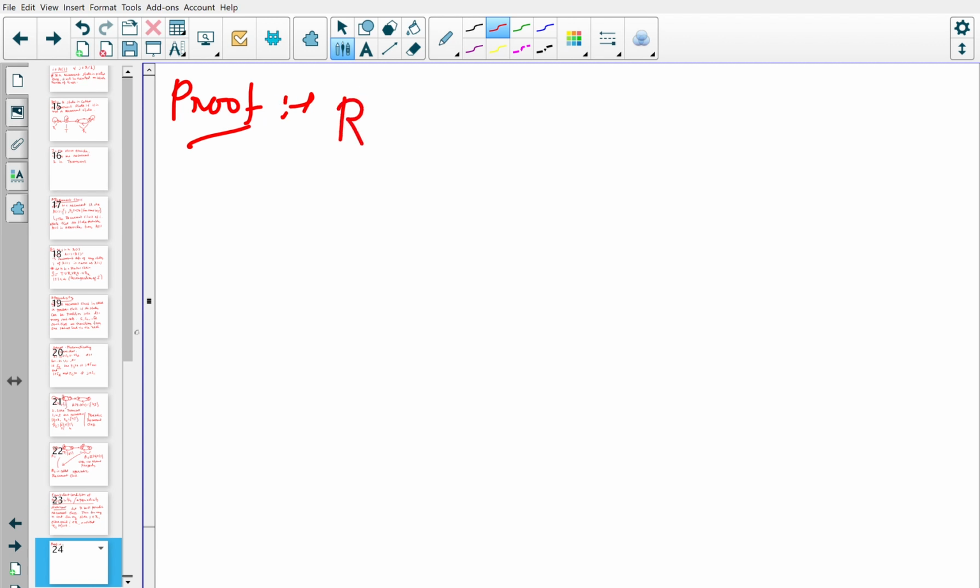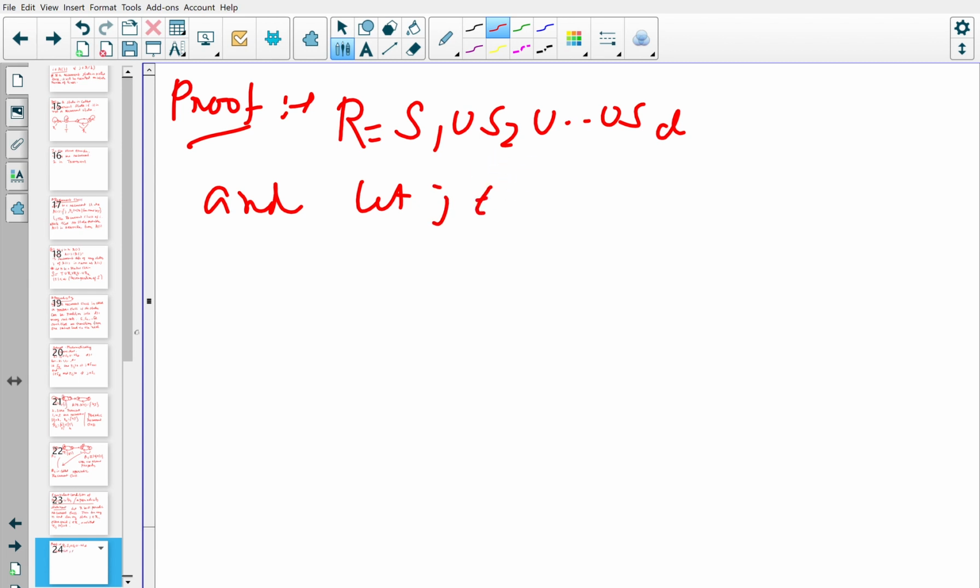The proof starts with this. Suppose R is a recurrent periodic class, so you can write down S1 union S2 union up to SD, the union of these, because it's a periodic thing, and let j belong to something, say Sj.